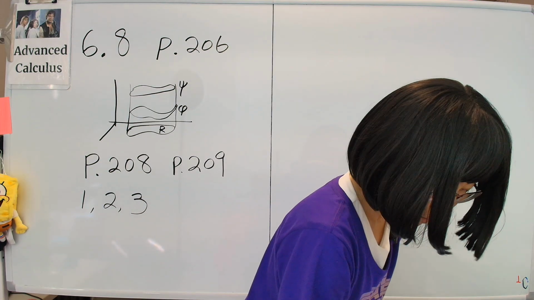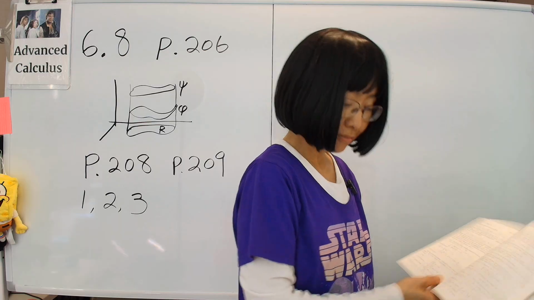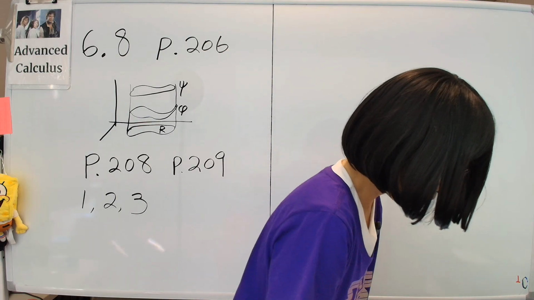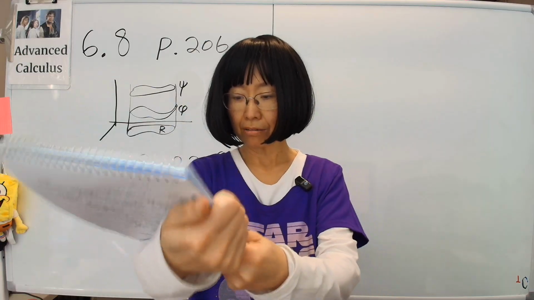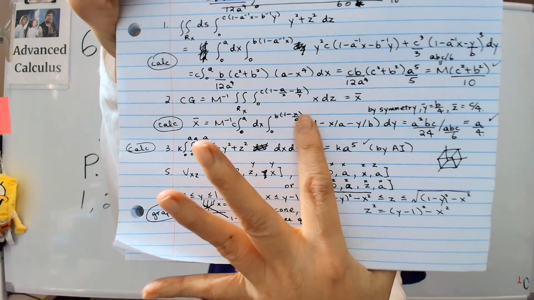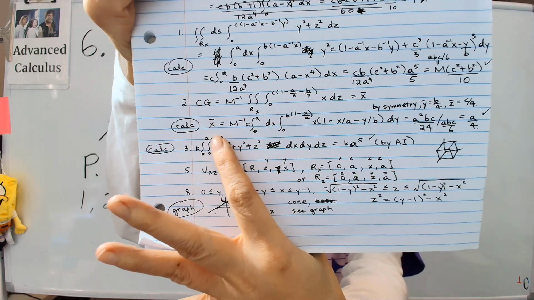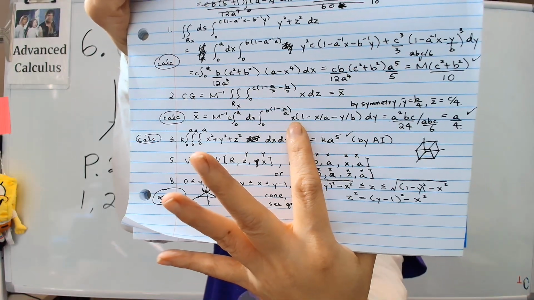Problem 2, we are supposed to do, what's problem 2? Center of gravity, all right? So to do the center of gravity, it's a matter of slapping x in the formula, right? We're doing the same thing. And so x will be equal, plugging everything in with an x. Don't forget the x.